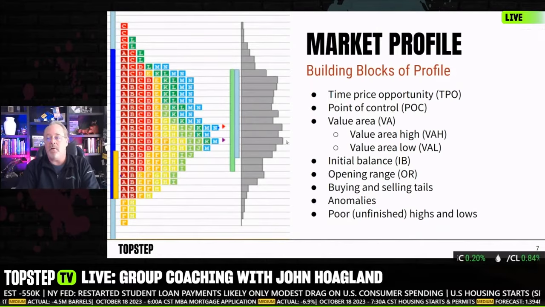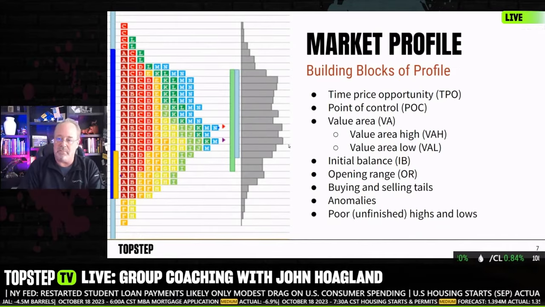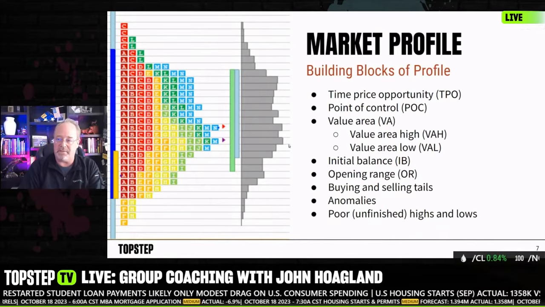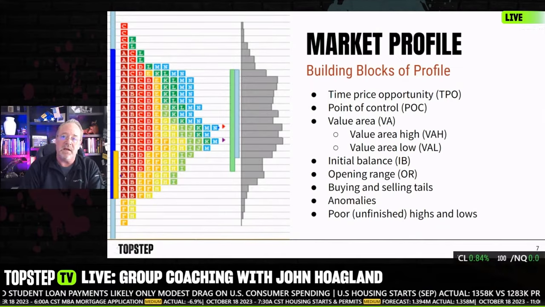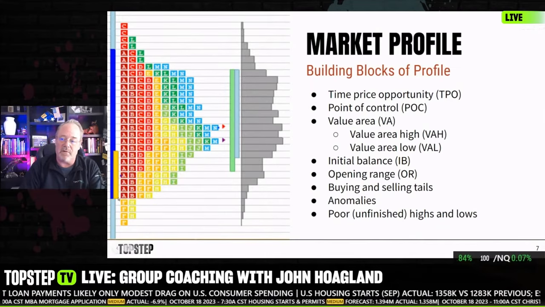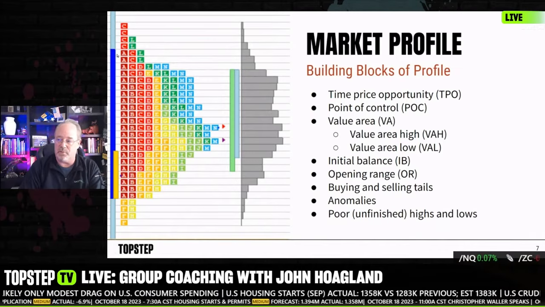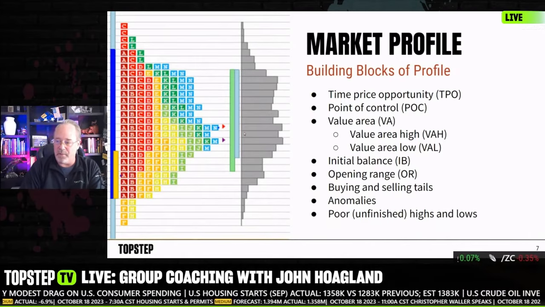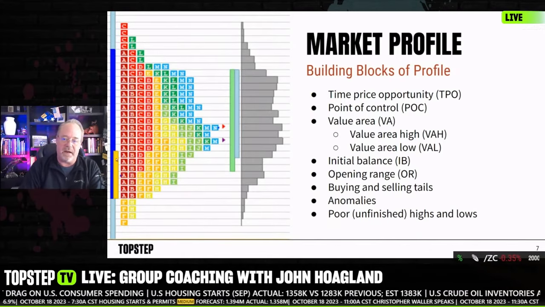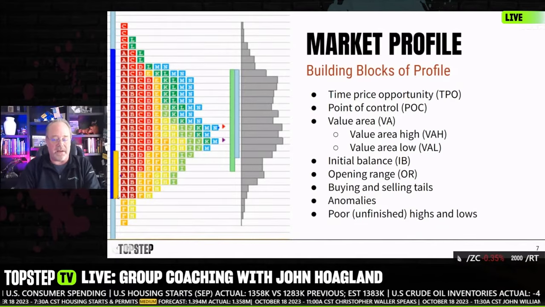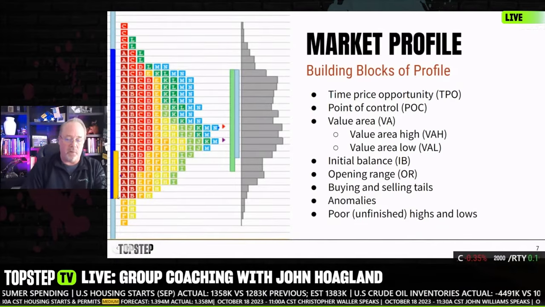Okay. The initial balance. We talk about that quite a bit on TopstepTV. The initial balance is, generally speaking, the first hour of trade. On this platform, it's represented by this dark blue line. The opening range, the first minute of trade. There are lots of different ways that people use the opening range.